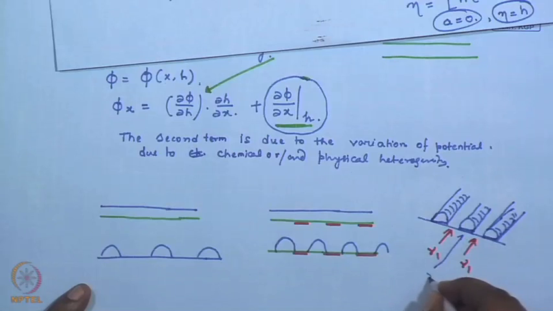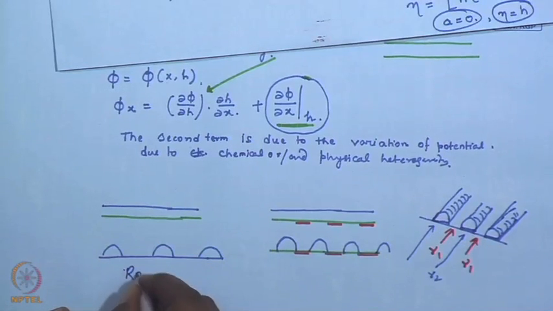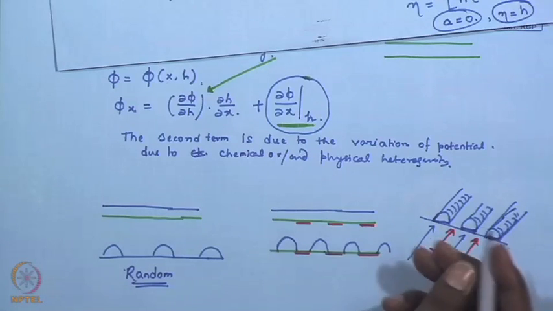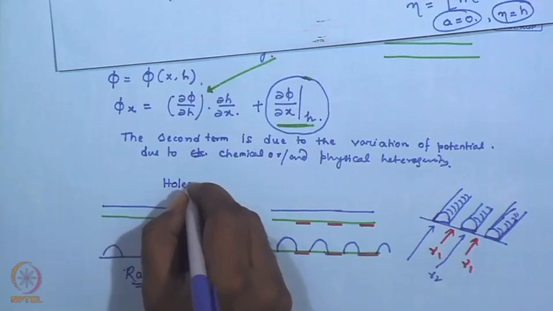Okay. So, instead of a completely random pathway, on the flat surface the holes can appear at any random location.